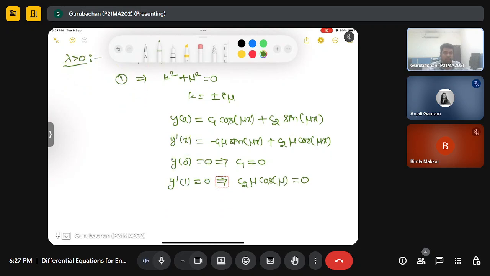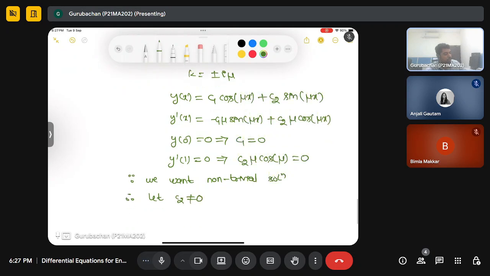Since we want a non-trivial solution, let C2 be non-zero.